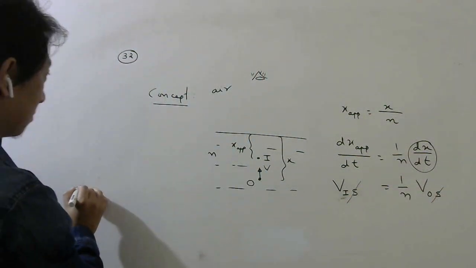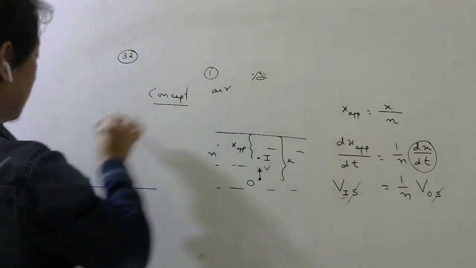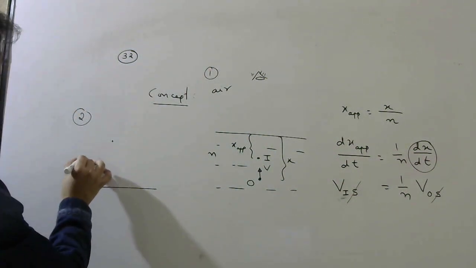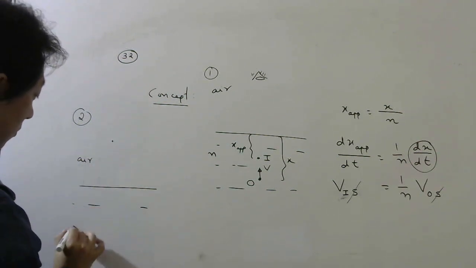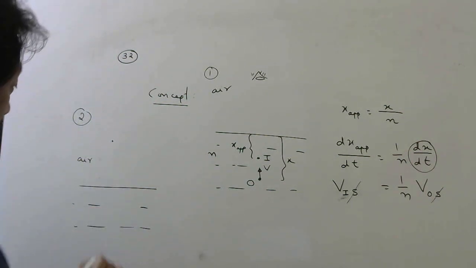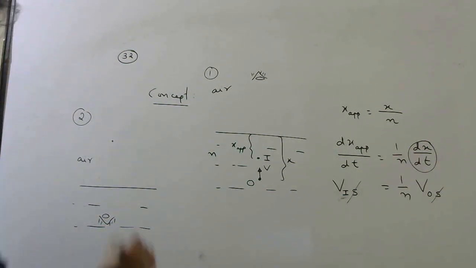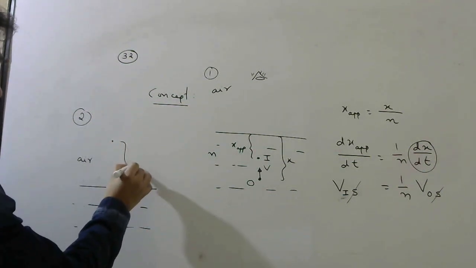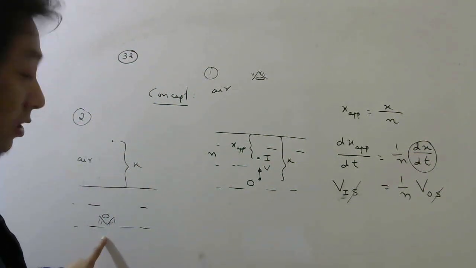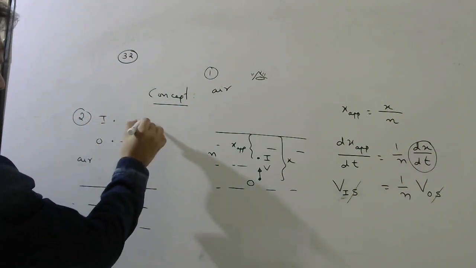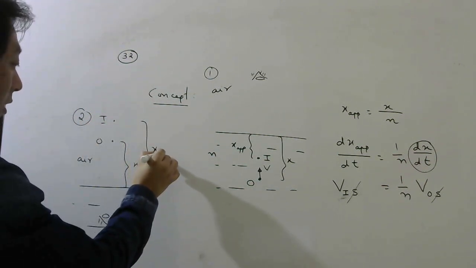Similarly, this is case 2: if the object is in the rarer medium, air, and the observer is in the denser medium. Now see, if this is the real distance from the surface, when this person looks, he will see the image here. So the distance will be more now.